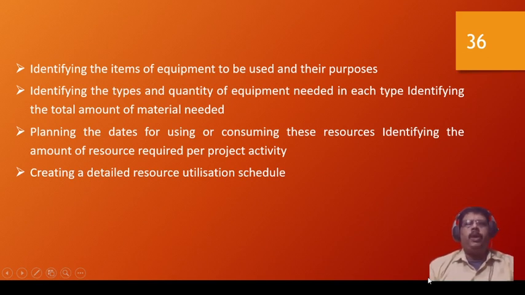As I mentioned in the previous step, it is very important to identify the equipment used. Similarly, the quantity, how much equipment is needed, also needs to be identified. And in each type it is very important to identify the total number of materials needed.